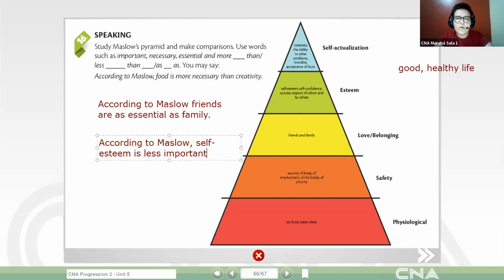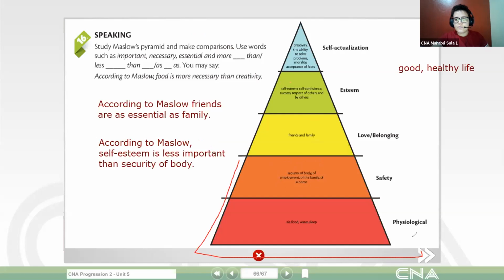Self-esteem is less important than security of body, because self-esteem is here and security of body is here. Okay, so pay attention, because the things at the base of the pyramid are more important than the things at the top of the pyramid. The things at the top of the pyramid are extra. The base are the most important things.